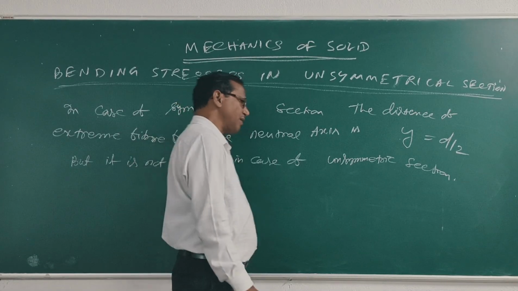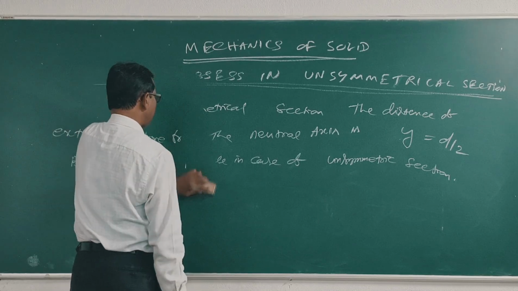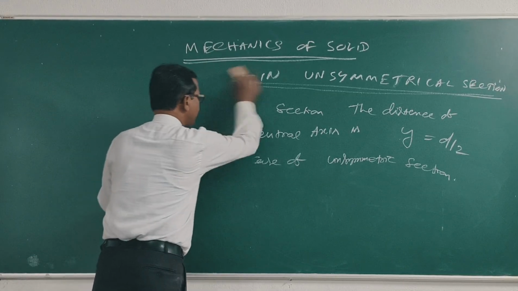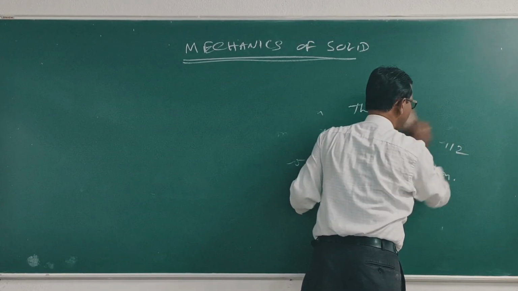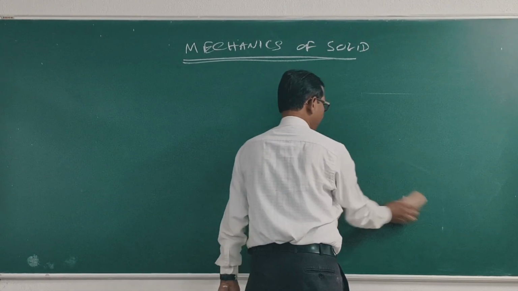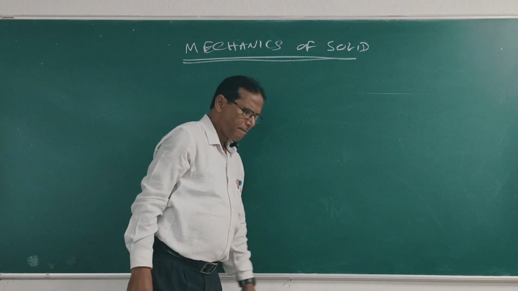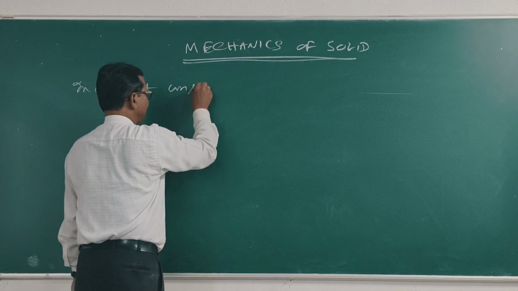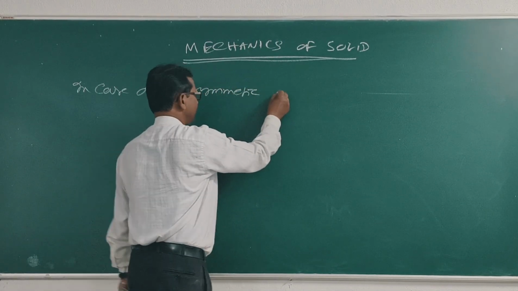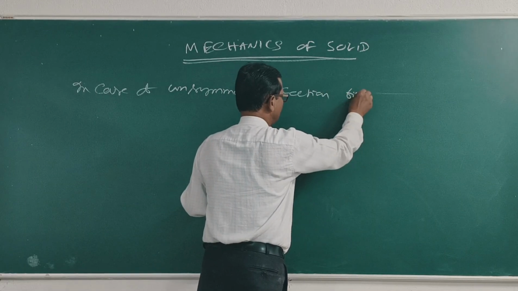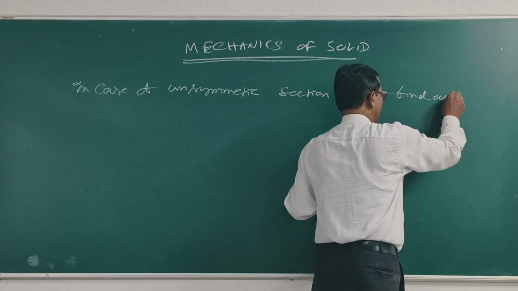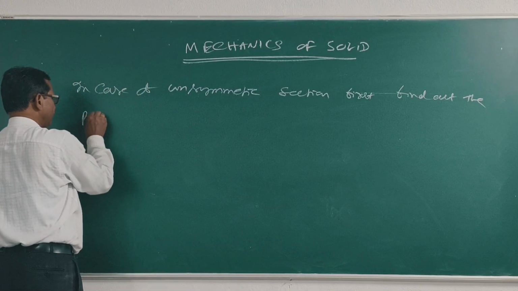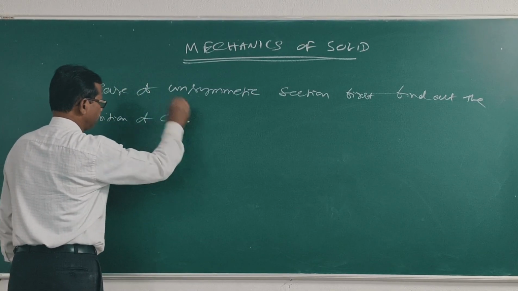In case of an unsymmetrical section, first find out the position of CG. Clear?